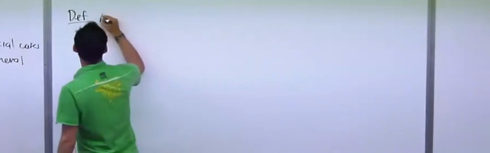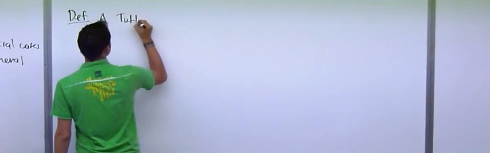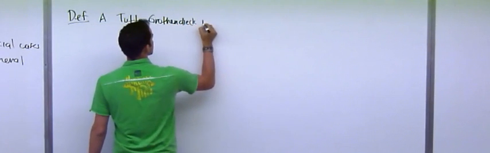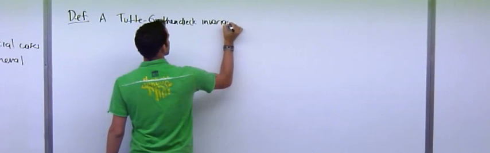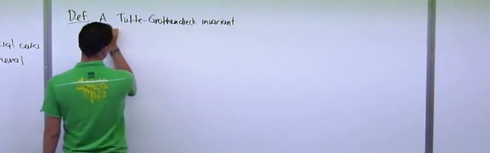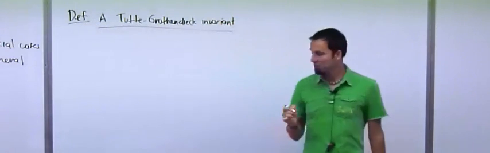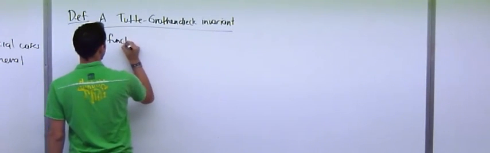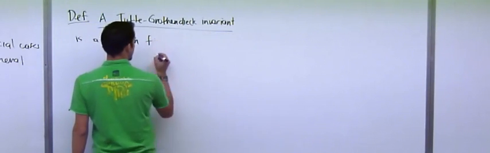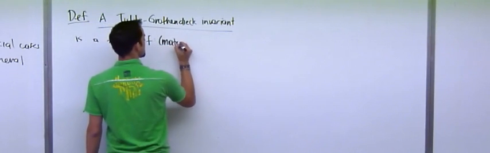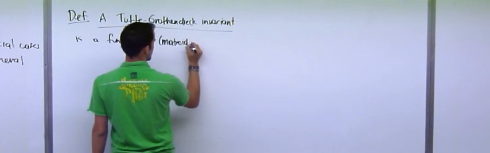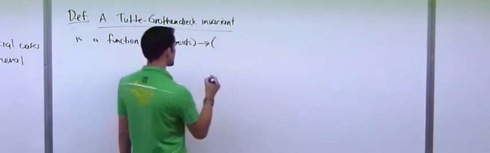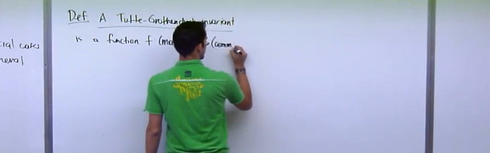These things are called Tutte-Grothendieck invariants. A Tutte-Grothendieck invariant is a function f that assigns to each matroid some element of a commutative ring.